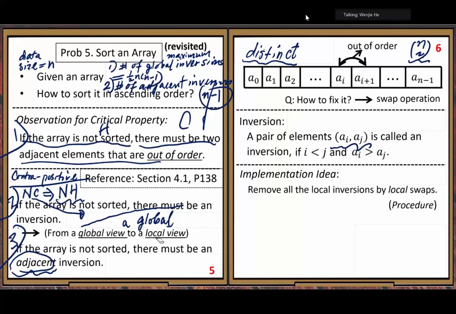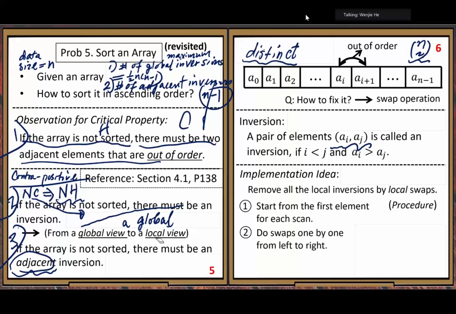So let's look at the basic procedure of this whole implementation method. Step 1. Start from the first element for each scan. So we scan the whole array, but every time we do a new scan, we always start from the first element. The end point we don't know yet, but it tells us the starting point is always the first element for each scan.